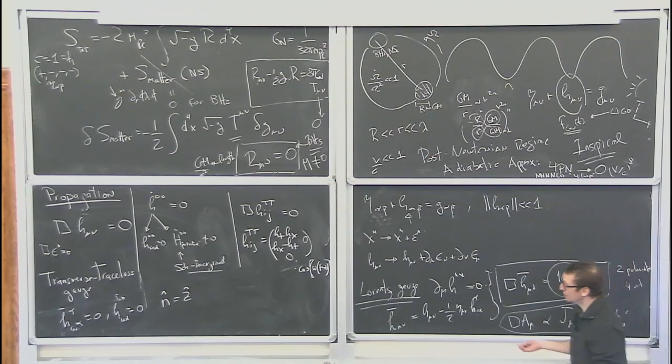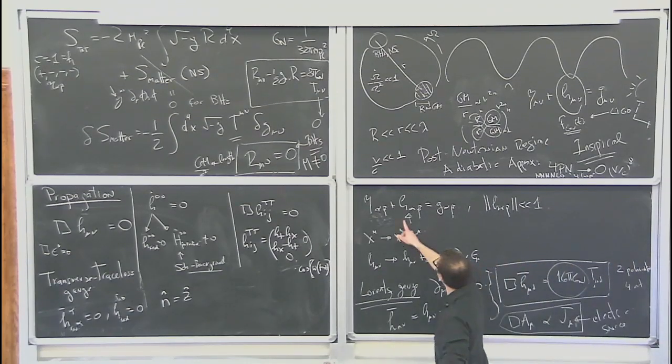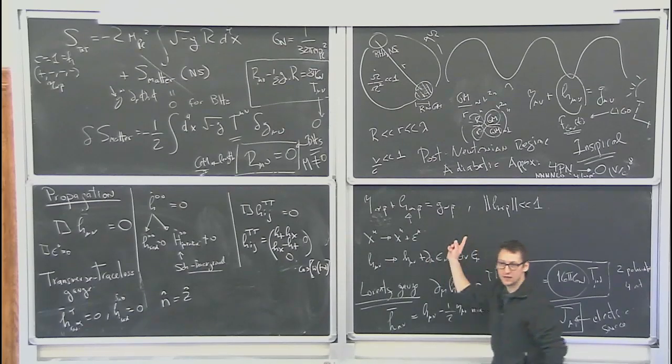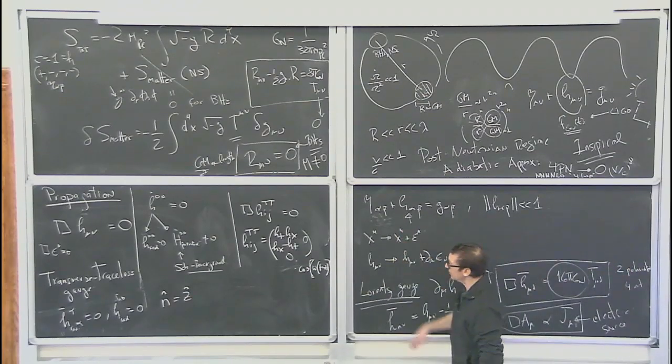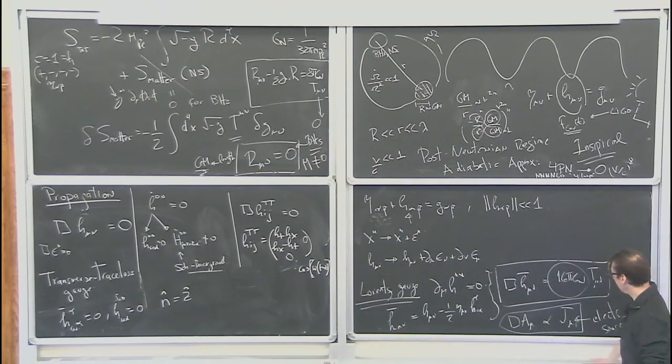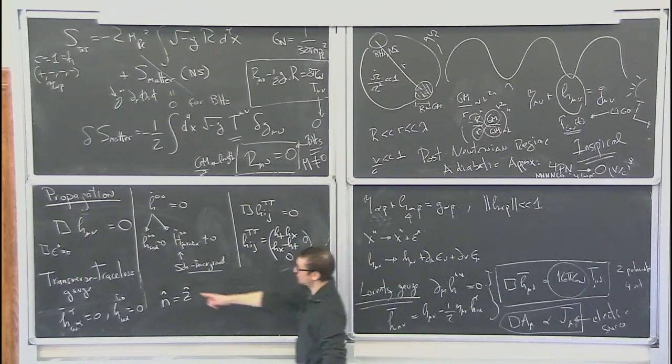So if you didn't know any GR, but you knew that gravity was a theory of space-time, which you could have guessed also from special relativity, and Einstein was actually playing with this idea as well, you would have written, inspired by this, an equation like this. You would realize that you have too many degrees of freedom, that you still have some redundancy.